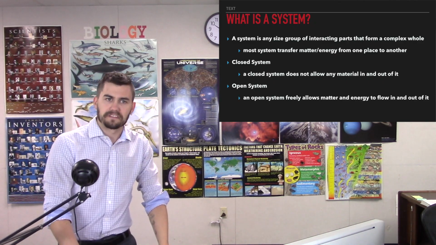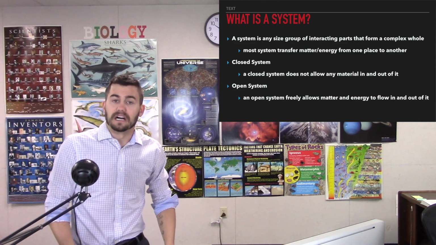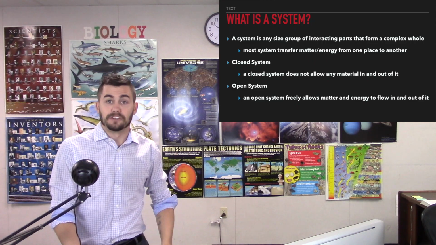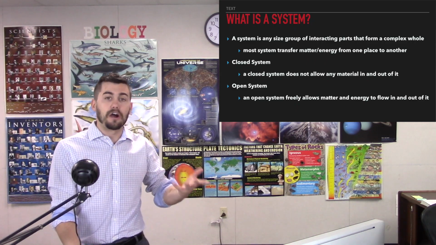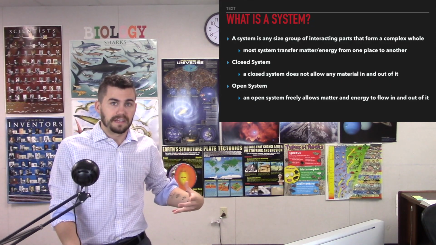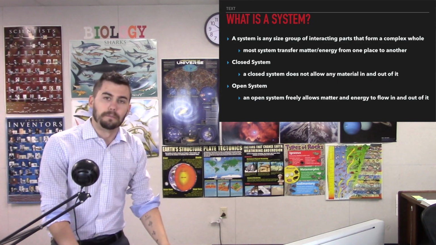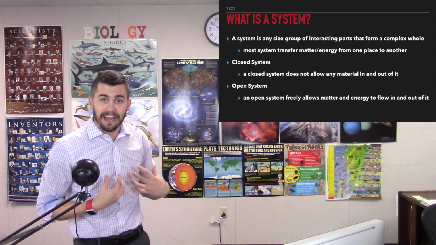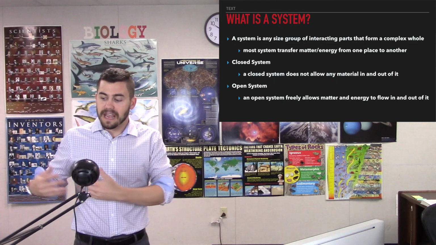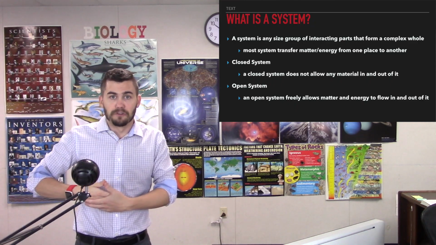And so everything that it needs to do is self-contained. Whereas open systems can't work unless matter and energy are constantly introduced to them. So a car is a great example of an open system. It only works if it's an internal combustion car. It has to take air from the environment to mix it with the fuel to burn it, and it also requires that fuel to be added to it.